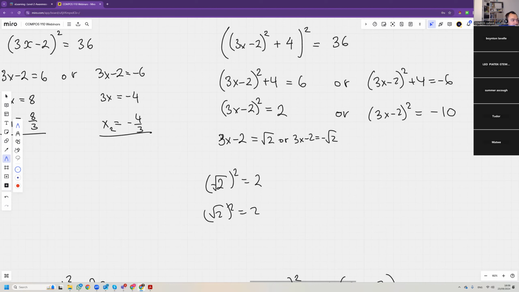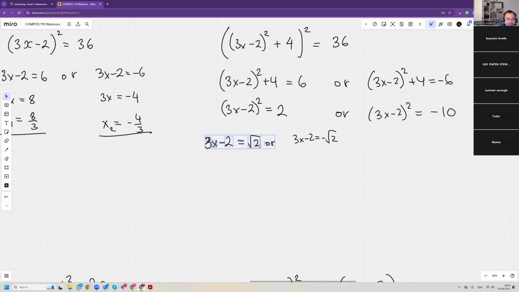So what we've done here is we've unwrapped it and then unwrapped it again, the thing on the left twice. And now you solve them separately.